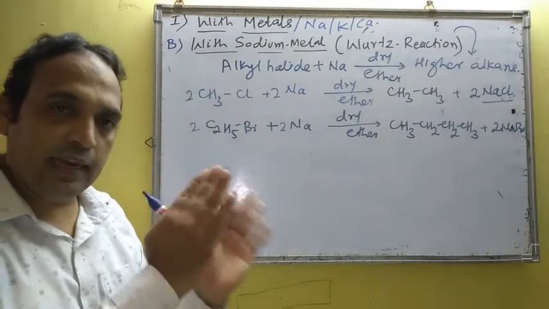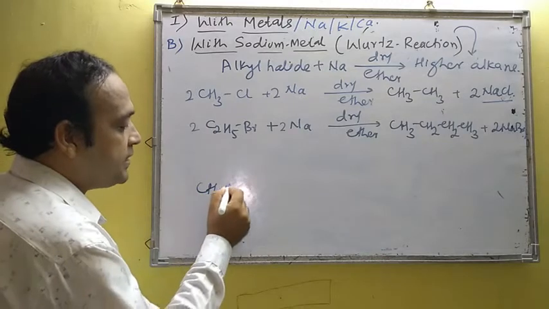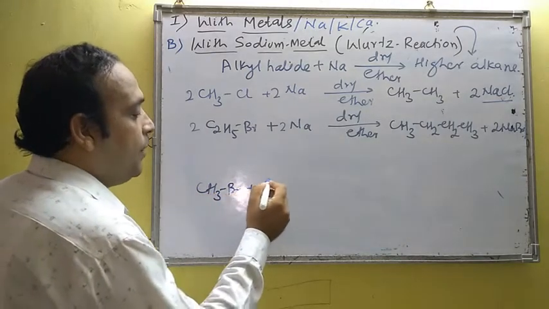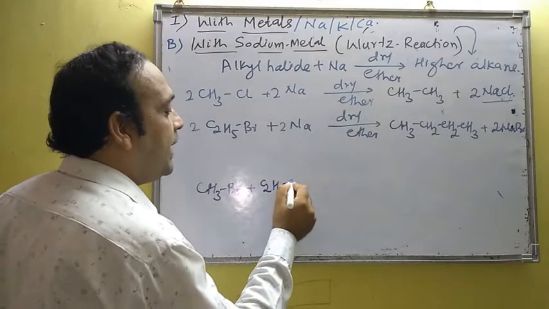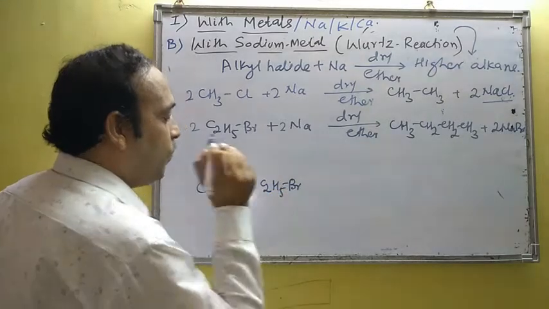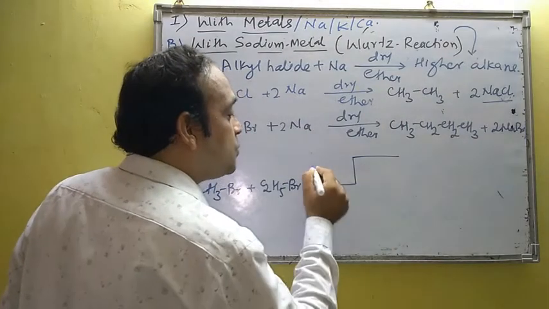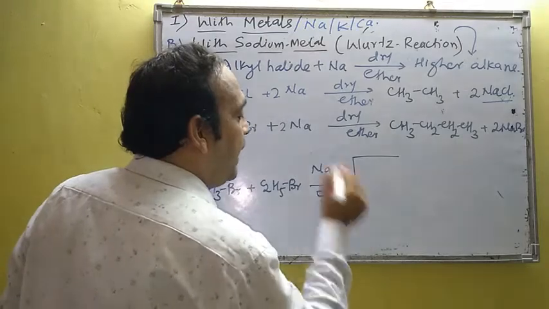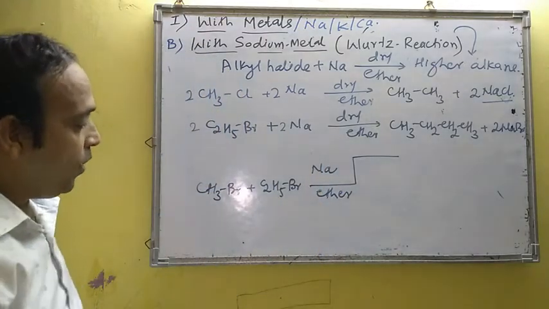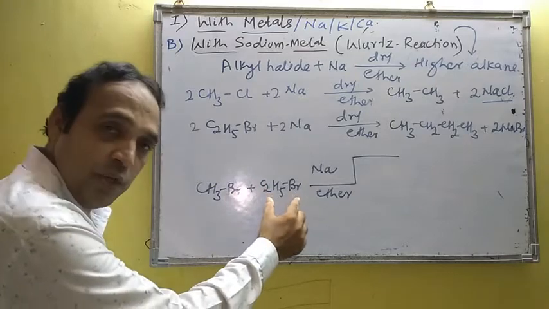Now suppose different alkyl halides are given. If I have different alkyl halides, for example I write here methyl bromide, CH3Br, plus ethyl chloride or ethyl bromide, reacting with sodium metal in pure and dry ether. Here one alkyl halide is methyl bromide, the second alkyl halide is ethyl.